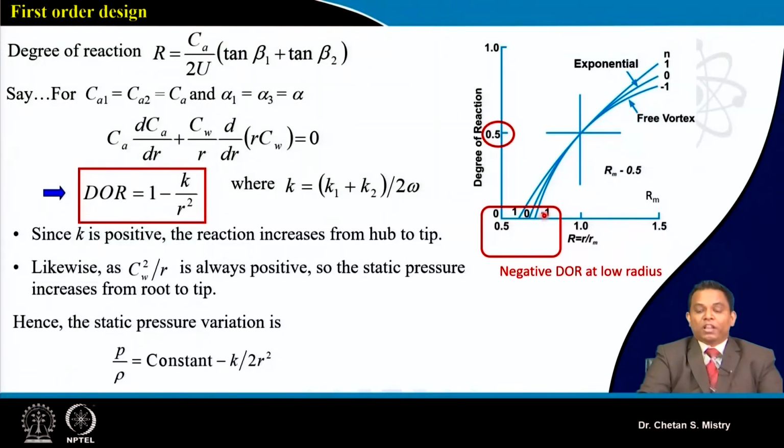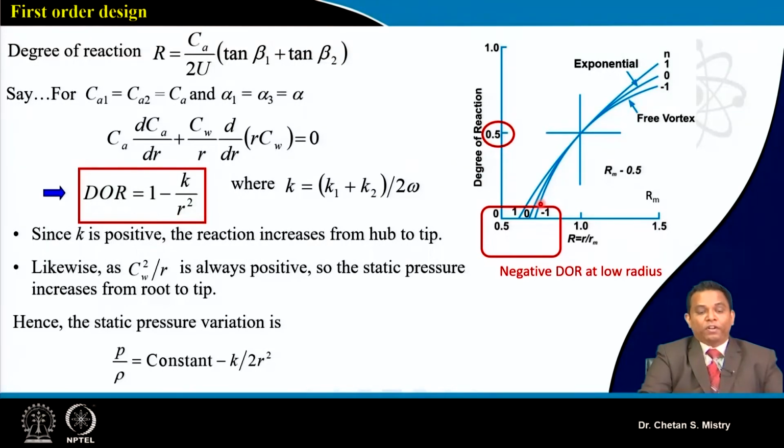But if you consider the variation of my degree of reaction for my free vortex design, it is less in that sense, and here it is varying more. This gives you an idea how we use this exponent for the calculation of our degree of reaction, and how this impacts our design criteria.